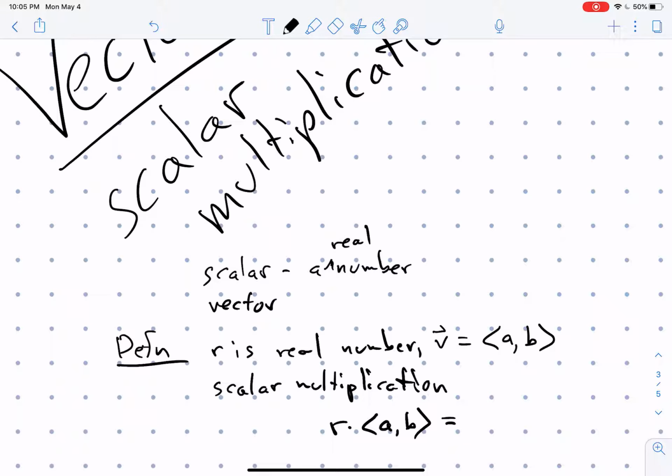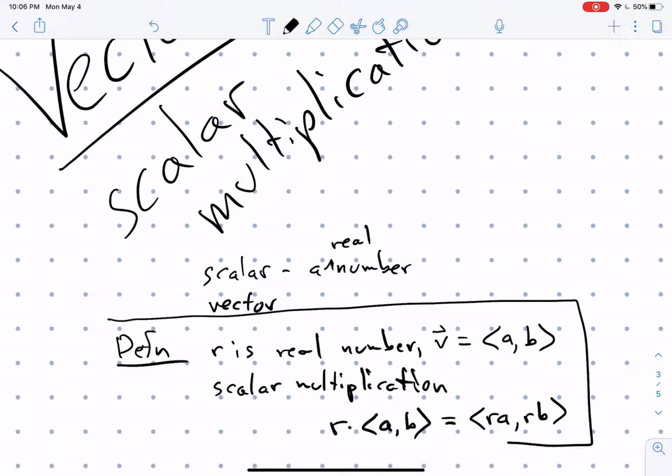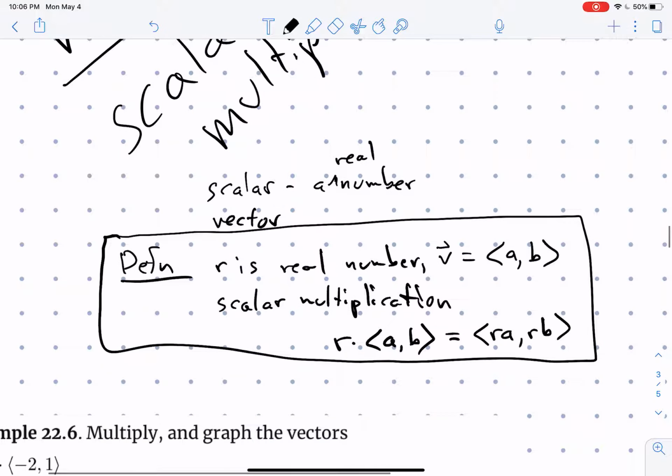You just multiply each of the components by R. It is as simple as that. RA, comma, RB. That's our new vector. Okay? So this is the rule for multiplication of vectors by a scalar.